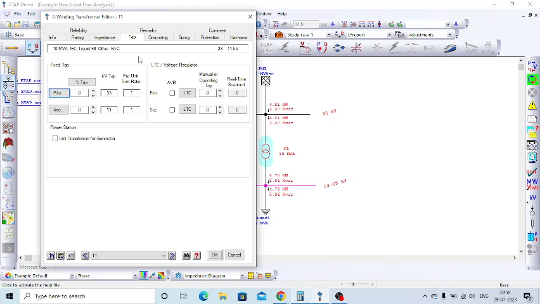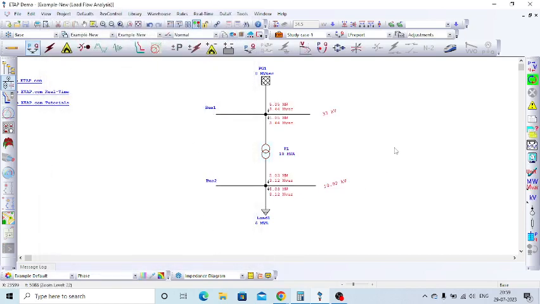in the secondary winding. So now I am just changing the tap in the primary winding to minus 2.5 percentage tap. The moment I changed the transformer tap from nominal tap 0 to minus 2.5 percentage tap, the voltage is a little bit improved from 10.64 to 10.92.